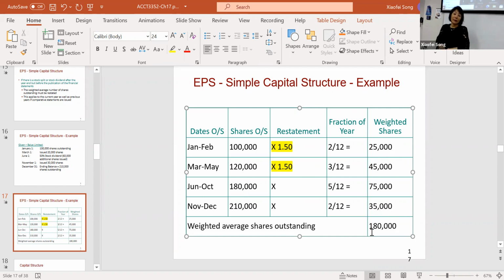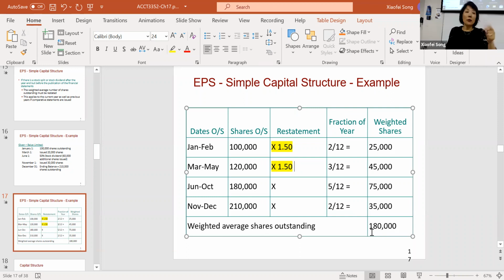What about situations where you buy back shares? What happens to the number of shares outstanding when shares are bought back? We just subtract. Would we have to do a restatement? No, you do not do the restatement. The buyback of shares is almost a mirror image of issuance of shares.